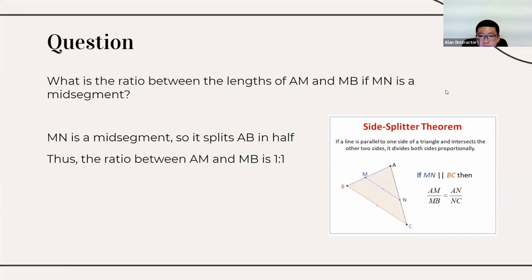Quick question now, guys. What would be the ratio between the lengths of AN and NC? I'll see if you can do this within like 30 seconds, because you should be able to.